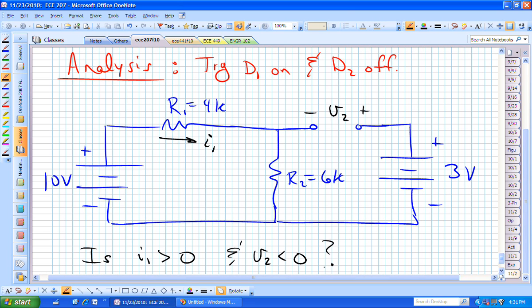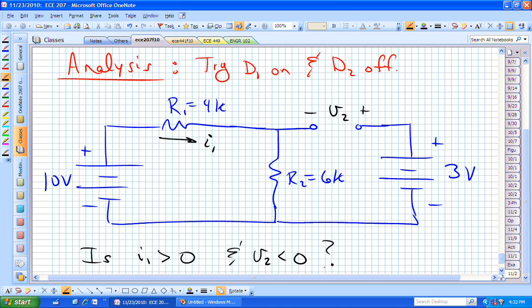Is that indeed what's happening in this picture? And what are we going to be able to do to analyze this? What we've been doing all semester, KVL and KCL. In this case, it's going to be KVL, right? You can write a KVL equation. How much current is flowing in the right mesh? 0. The only current flowing is I1, and that's in the left mesh, isn't it?